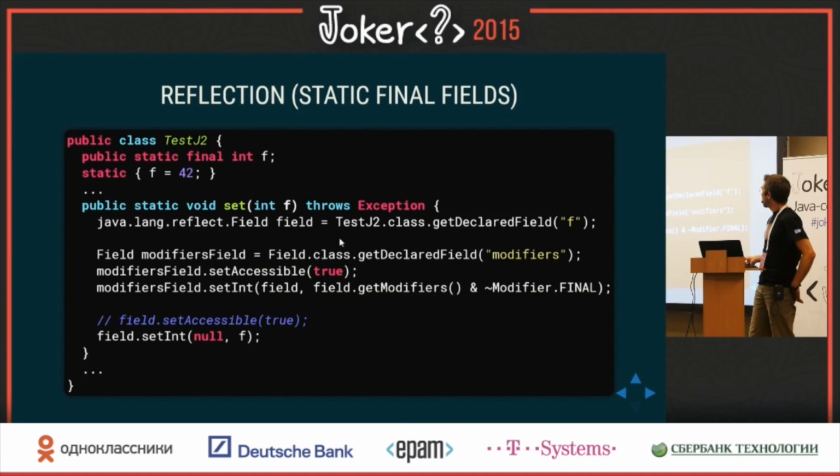And again, we can apply reflection to the field itself, and we can get the modifiers field of the field and change that one by getting the modifiers and clearing out the final modifier. If we do this, we don't even have to call the setAccessible method. We can now just set the static final field, and the value will be changed.